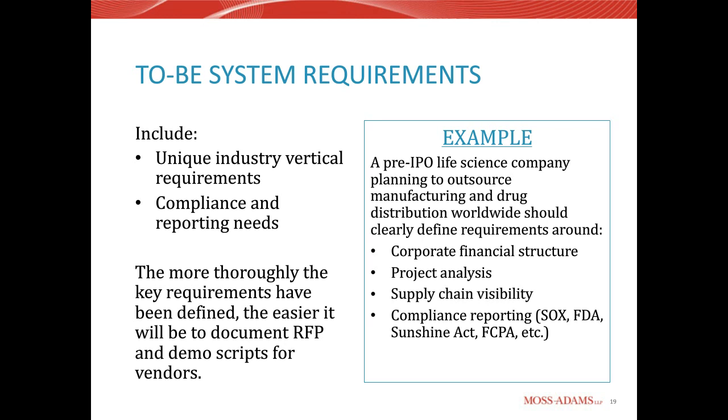So for example, a pre-IPO life science company that's planning to outsource manufacturing and drug distribution globally needs to clearly define requirements around their global corporate financial structure, project analysis for tracking costs related to their project portfolio, supply chain visibility to what is happening at contract manufacturers and third-party logistics. And as I said, they should also define requirements around their compliance and reporting obligations.